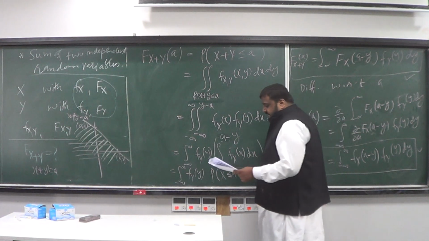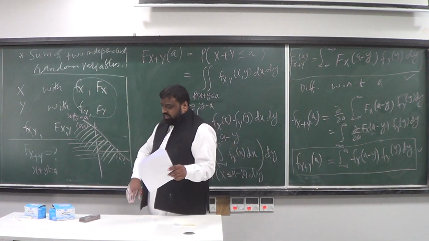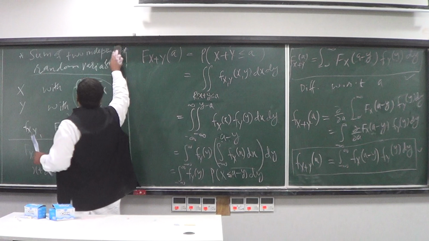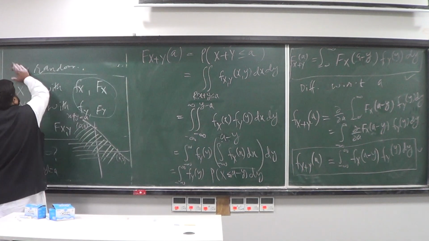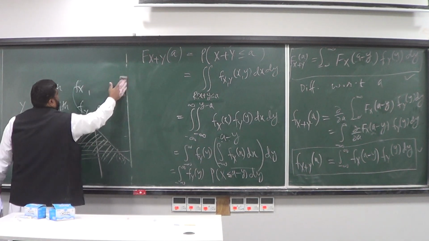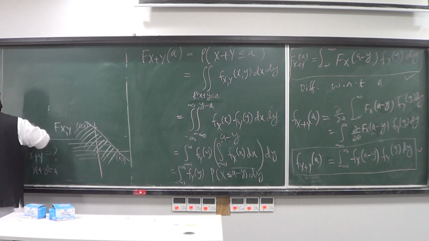So let's put them in action and try to compute the sum of two independent uniform random variables.